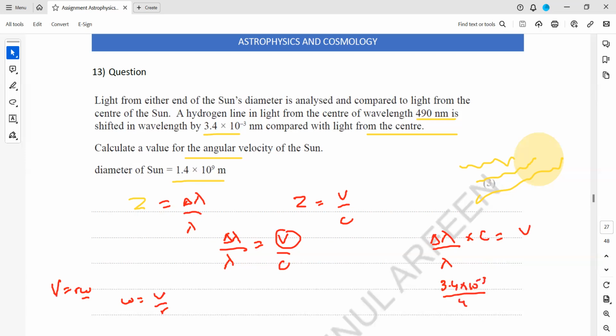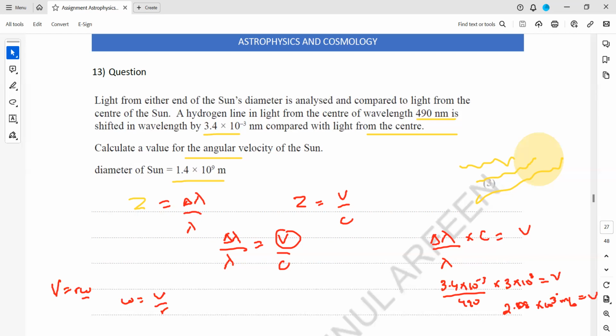The original is 490. The speed of light is 3 times 10 to the power 8. This will give us a speed of about 2.08 times 10 to the power 3 meters per second.